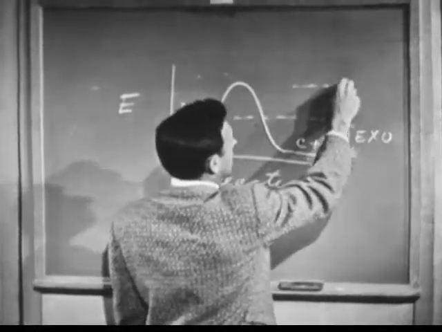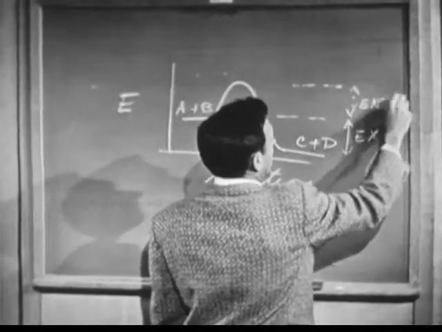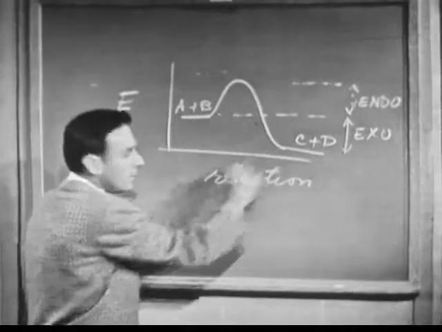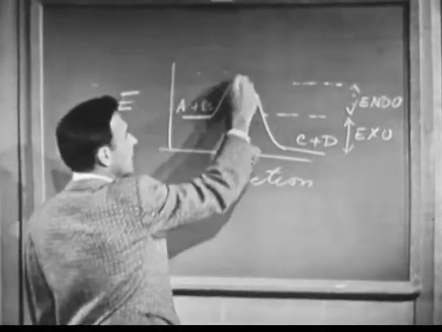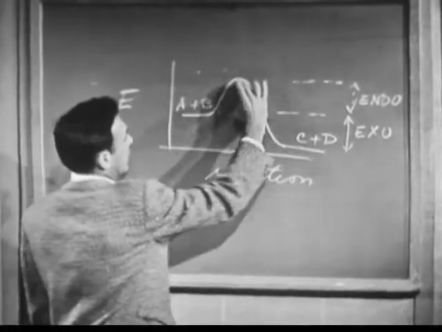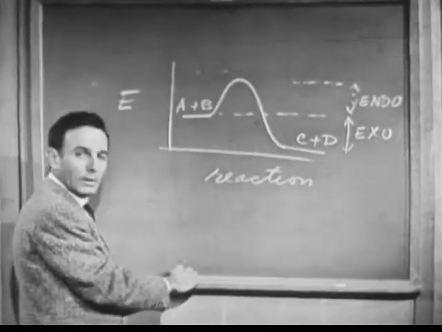If the final products had been up here, then it would have been an endothermic reaction. But in either event, there can be an energy barrier between the two, whether it's exothermic or endothermic, and this energy barrier controls the rate of the reaction. And the temperature determines how fast A and B are able to go over the barrier.